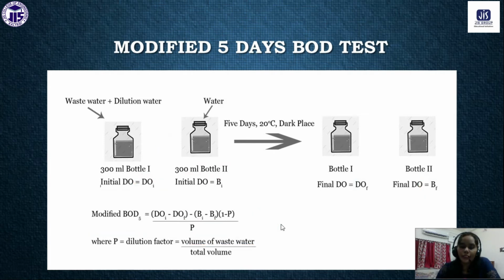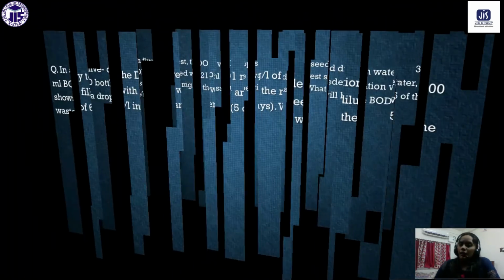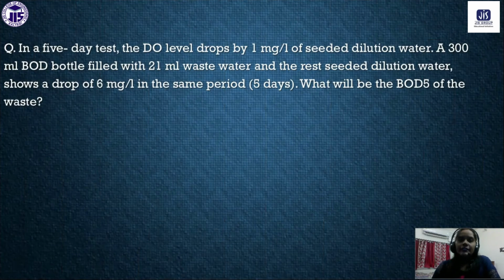Okay. Now come to the next problem. In a 5-day test, the DO level, DO means dissolved oxygen, drops by 1 milligram per liter of seeded dilution water.